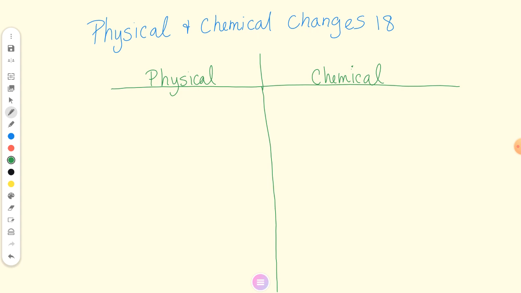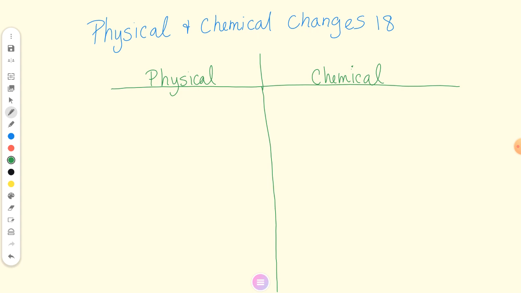And before we sort these, we're going to do a quick recap of our notes. What are some things that happen in a physical change? How can I tell that a physical change has occurred? What's the main difference?